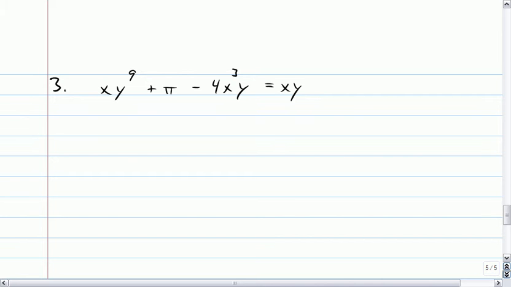But you can differentiate before you isolate y. It's called implicit differentiation. How many terms do we see? You just have to do the derivative of each term. So you're going to do the derivative of the xy to the 9th term.